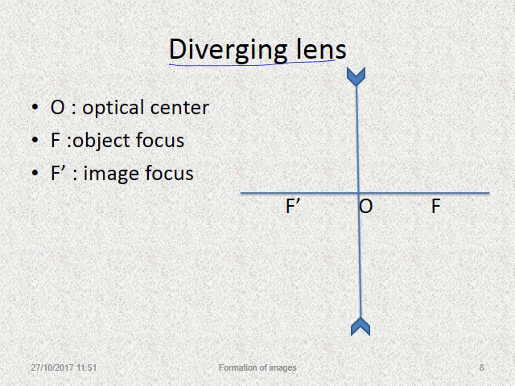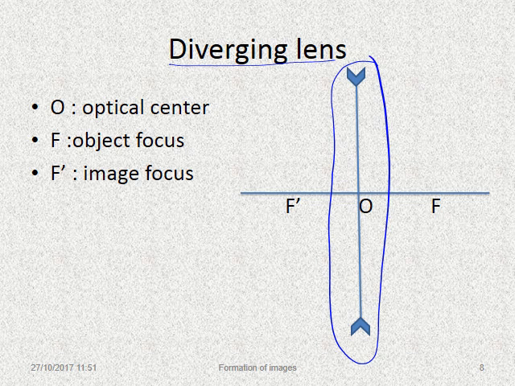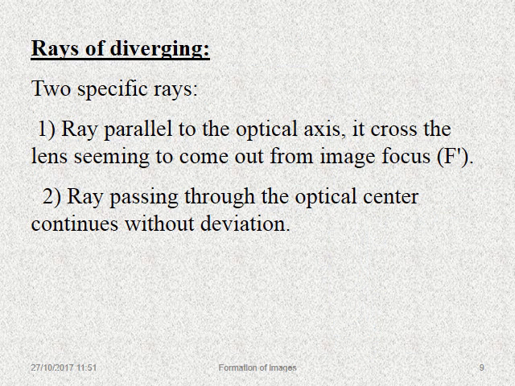Diverging lens. Symbol of diverging lens: F prime, image focus, is on the side of the object, F, object focus, and the optical center. Rays of diverging lens, two specific rays.